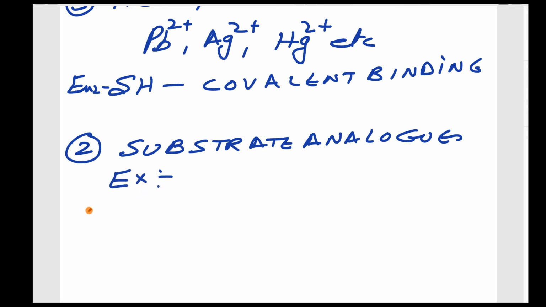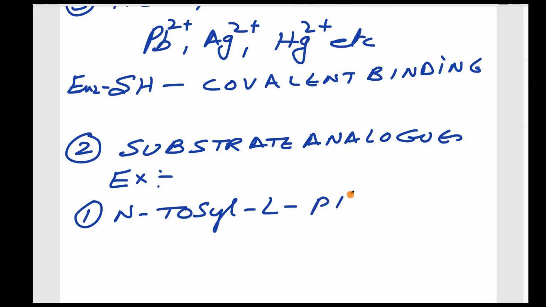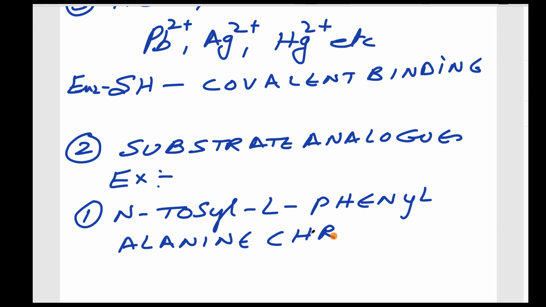The first one is N-tosyl L-phenylalanine chloromethyl ketone. This is one inhibitor.